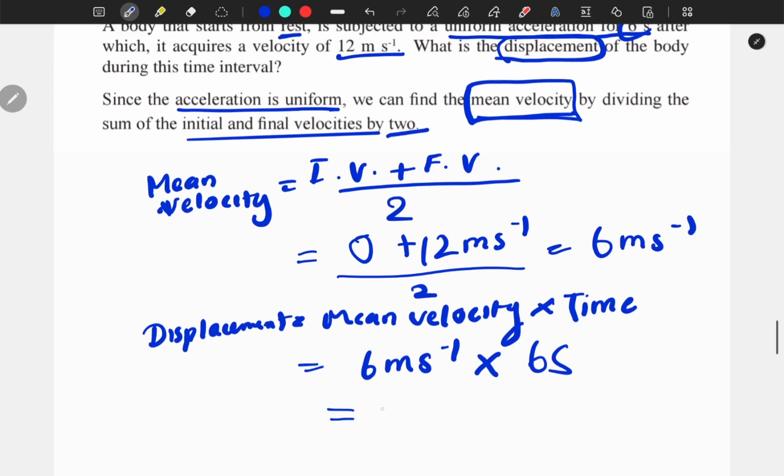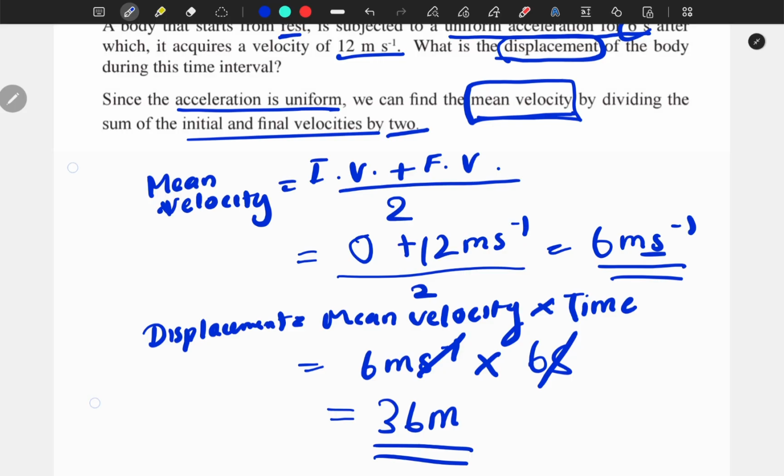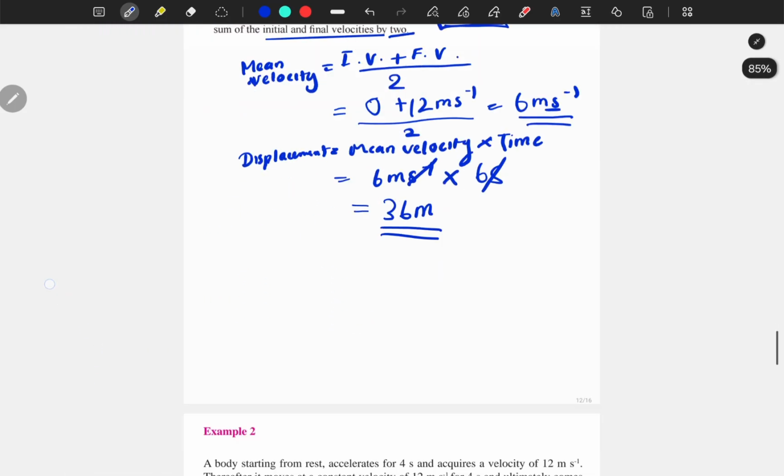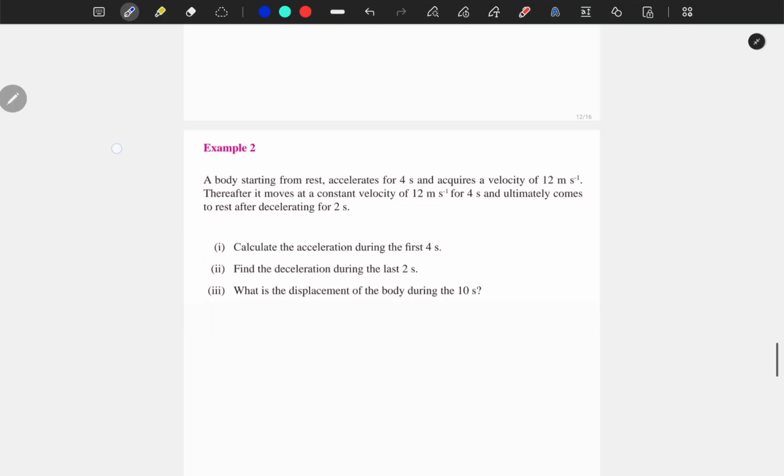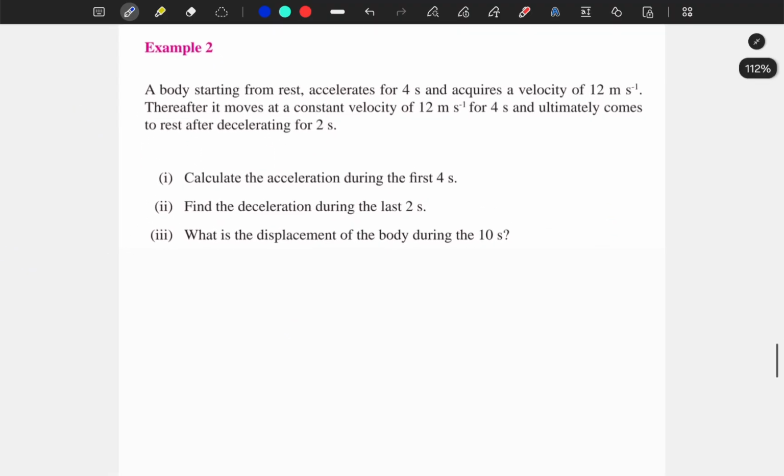Now the answer, 6 times 6, 36 meters, right? Here the seconds cancel. Displacement in meters. So you have to consider the unit, right, when you are writing the answer. එච්චර තමයි ළමයි ඒක. ඊට පස්සේ අපි තව question එකකට යමු.